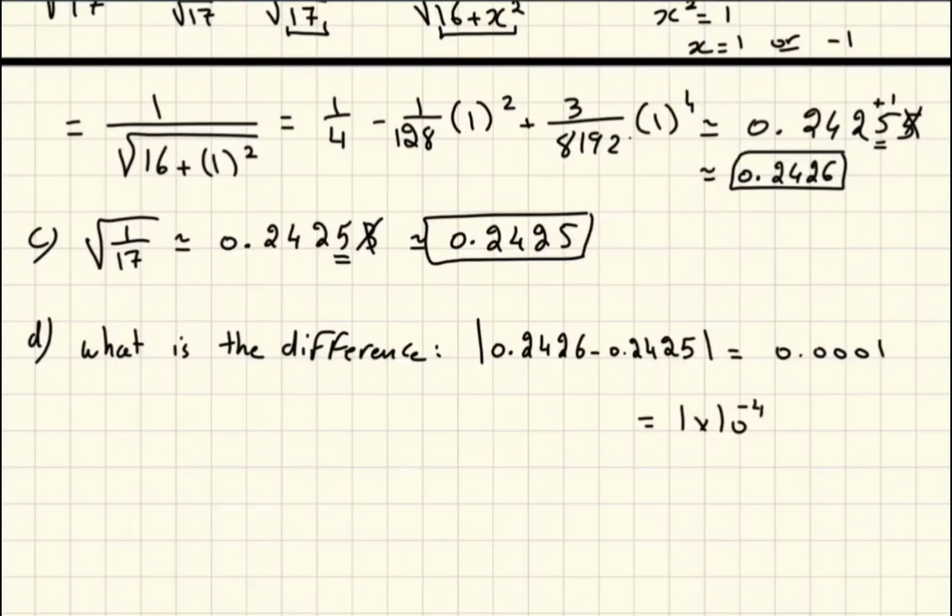If you don't know how to change it to decimal, 1 has a decimal at the end. Exponent negative 4 means move 4 times to the left. So 1, 2, 3, 4. You put the decimal point, then you fill all the empty places with zeros. Or you can write it as a fraction if they ask, as 1 over 10,000.